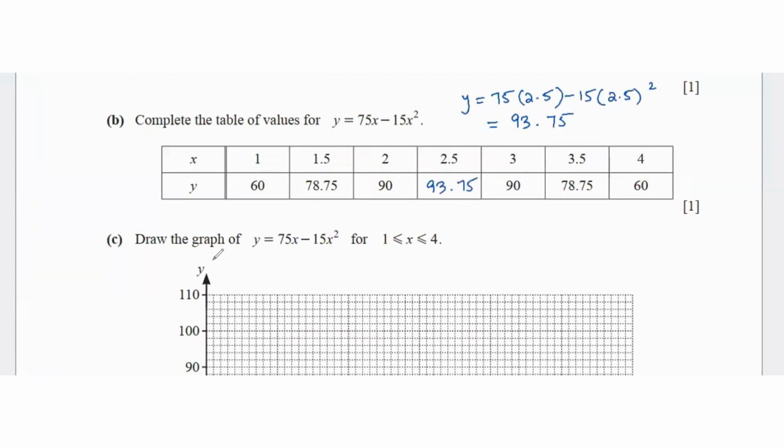Next, what they're asking us to do is to draw the graph of y equals 75x minus 15x squared for x greater than or equal to 1 and less than or equal to 4. So if you look at the values, you can see that the graph is symmetric at the point x equals 2.5 and y equals 93.75. So what we will do is erase this.